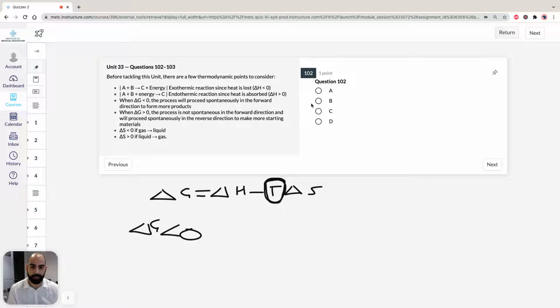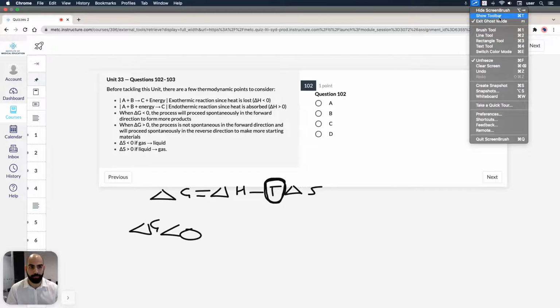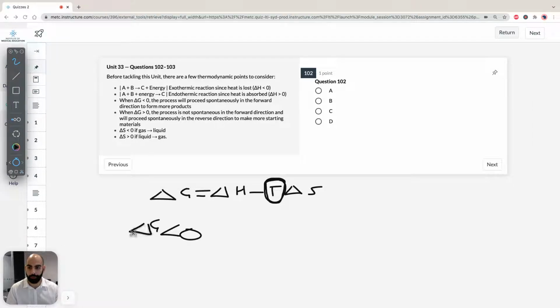So if we take a look at our first question, question 102, it says, for the change that occurs when steam condenses. Let's just think about this logically without even looking at the options presented.